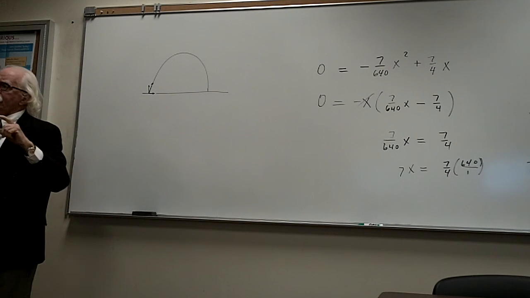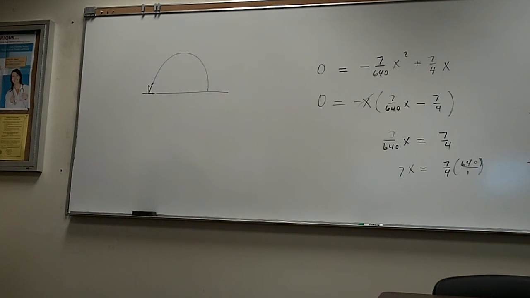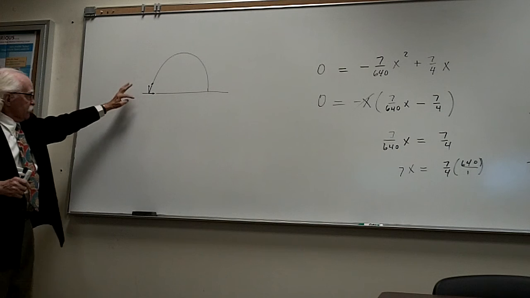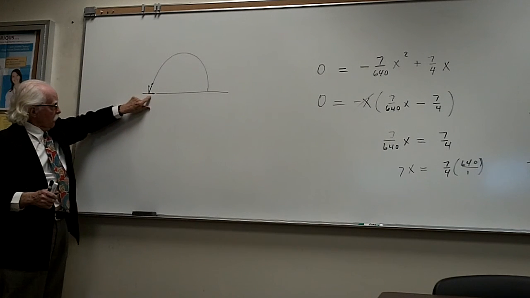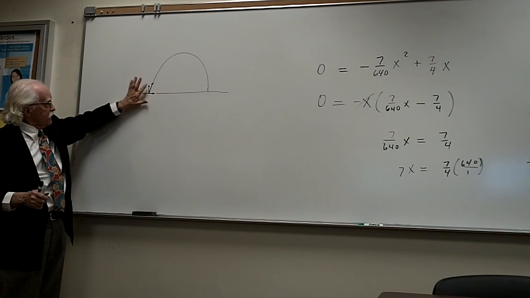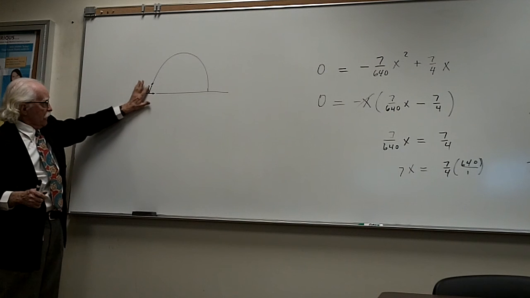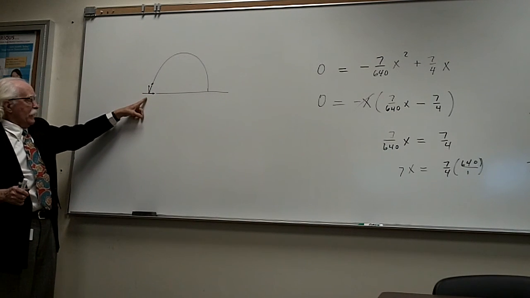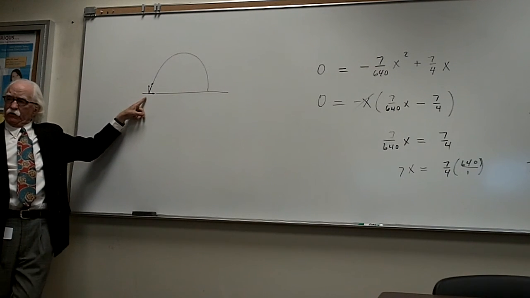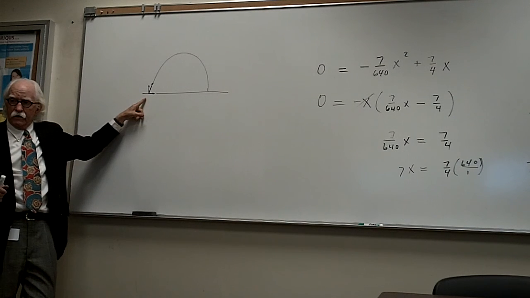Now what you have to remember is, it takes a little bit of trigonometry to realize that this force right here is this value. And this value happens to be its initial velocity.